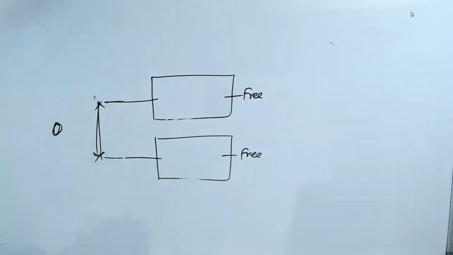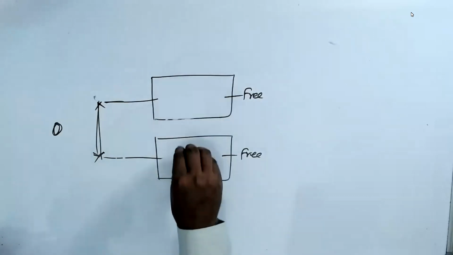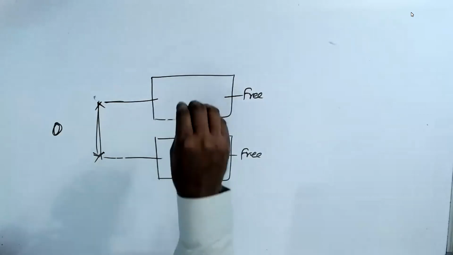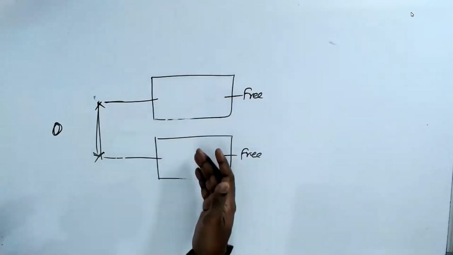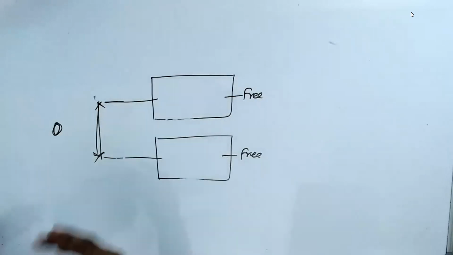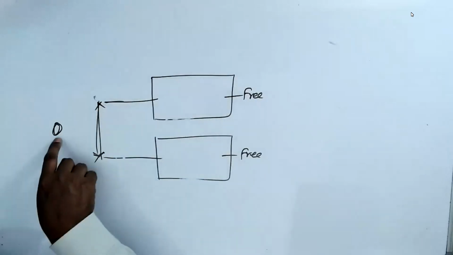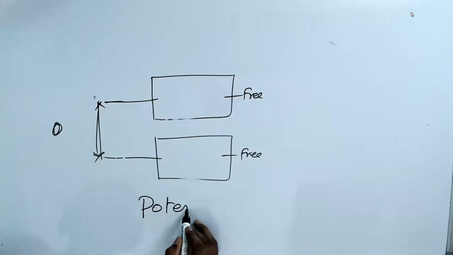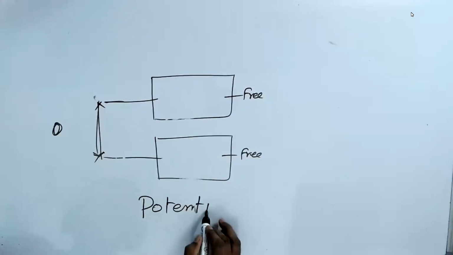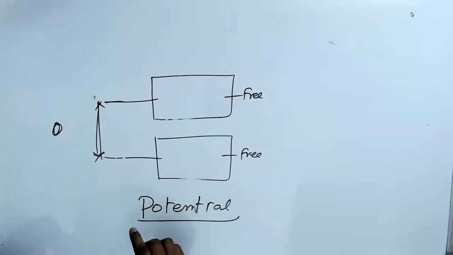You understand that? I have 2 materials. If one guy is having so much of free electrons, and the other guy is having so much of free electrons, and both are the same, then we call that potential difference a 0. Here, you have to understand the word potential. Potential is how much money you have.